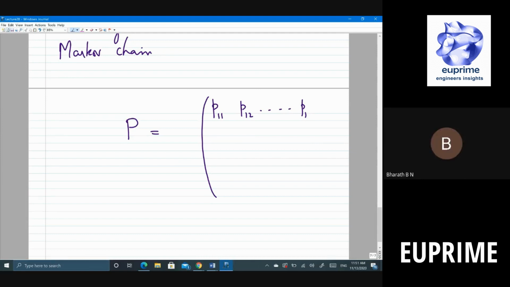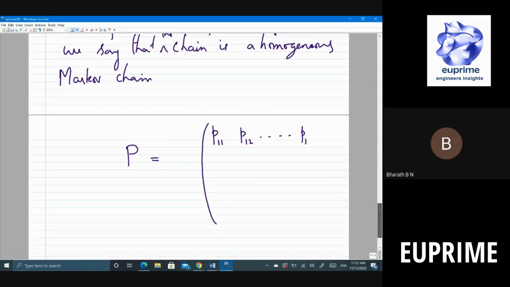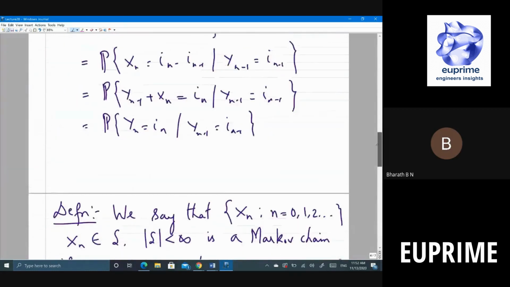You just mentioned in the definition that it is a Markov chain if it depends only on the immediate previous position. But here you are saying that it is independent of n. How could it be independent of n? It depends on the previous situation, but it doesn't depend on at what time you are looking.